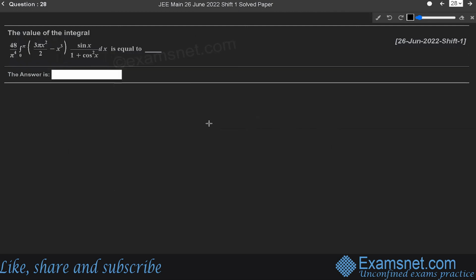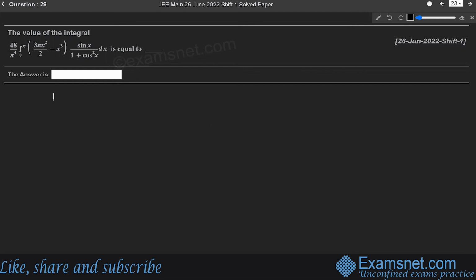Next question is, the value of the integral 48/π⁴ ∫ from 0 to π of (3πx² − 2x³) sin x/(1 + cos² x) dx is equal to.